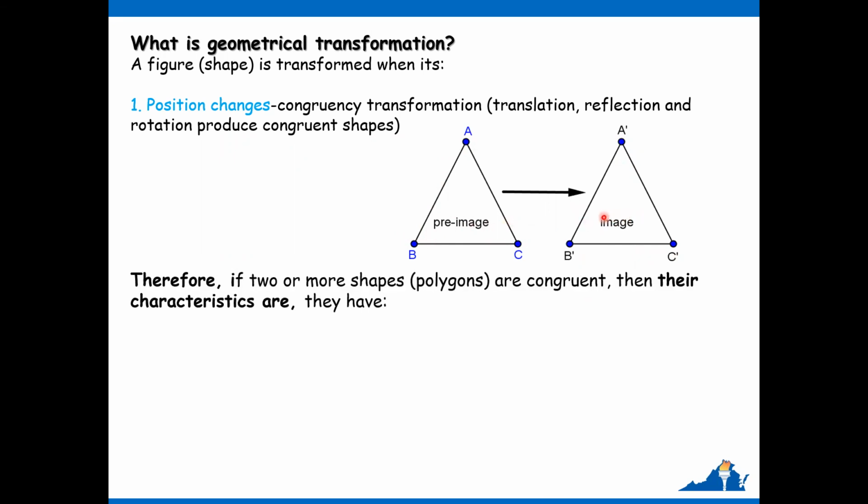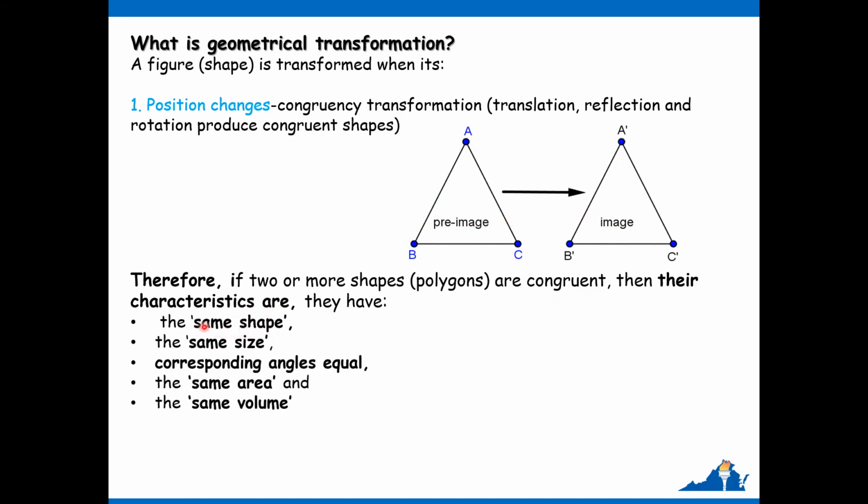Therefore, if two or more shapes or polygons are congruent, then their characteristics are: they have same shape, same size, corresponding angles are equal, same area, and same volume.